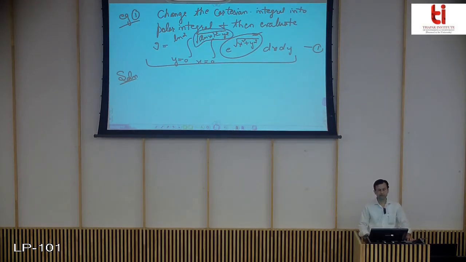You can try this in Cartesian, but it is not going to be easy to solve. Here the region of integration is not a problem. We will plot the region of integration, and that is going to be very easy, at least in this question.